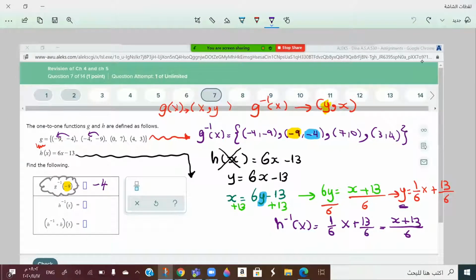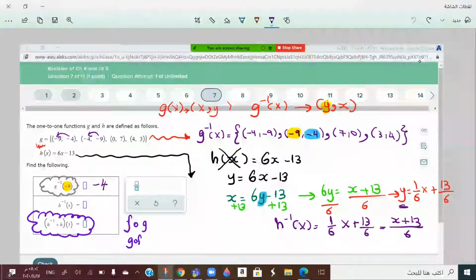Great. Now lastly, let's see what I mean by the composition. Whenever I have a composition like this, F O G and G O F. So let's focus on the first one, F O G. That means I will be cancelling the O and I will be putting my input for F as your G of X. The input of G of X, now F of X. So these are the compositions.